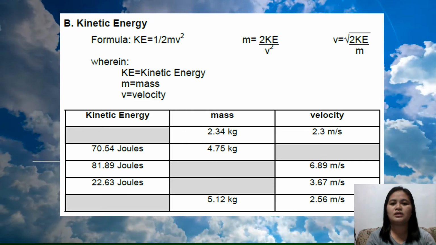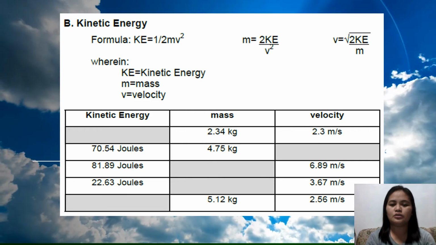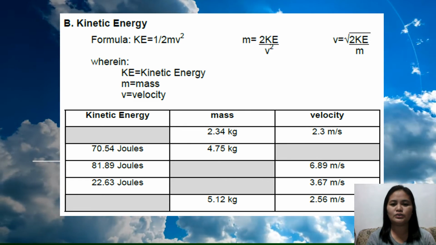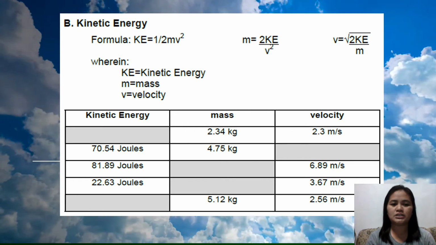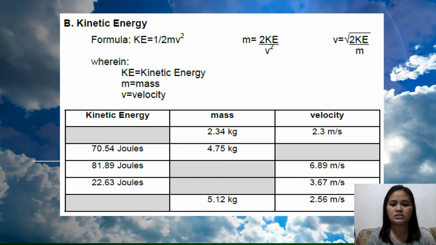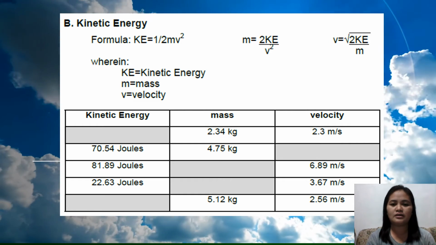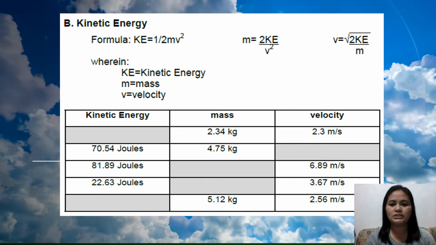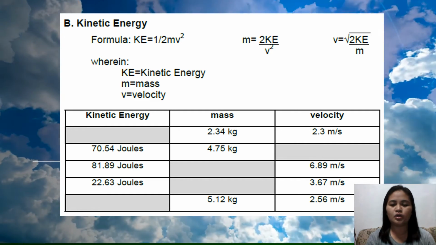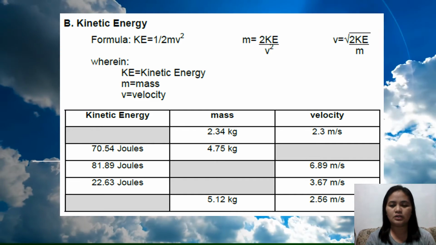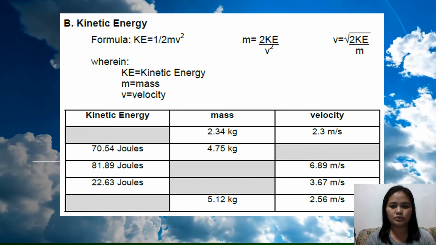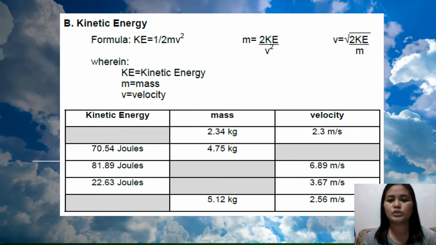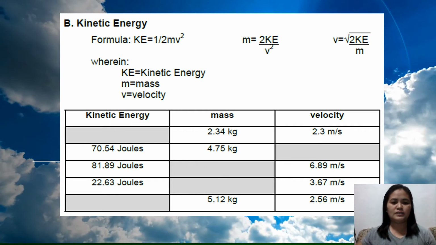Mass or M equals 2 KE, or you double the kinetic energy, over velocity squared or divided by velocity squared. And then if the missing is V or velocity, you will get the square root of 2 KE over mass or double kinetic energy divided by mass.